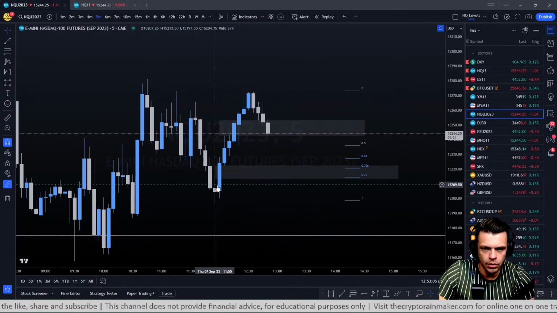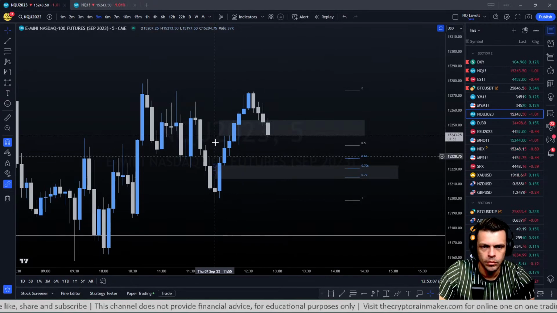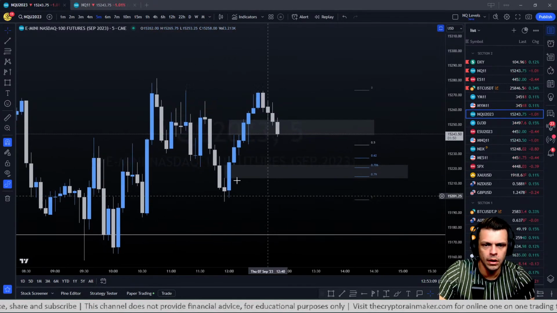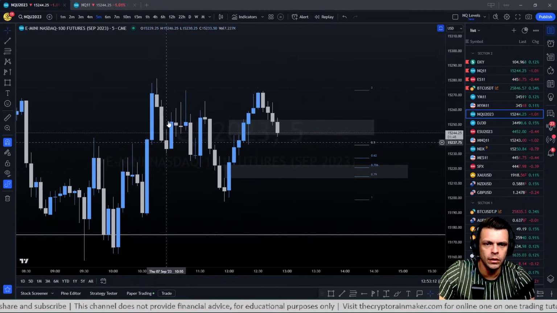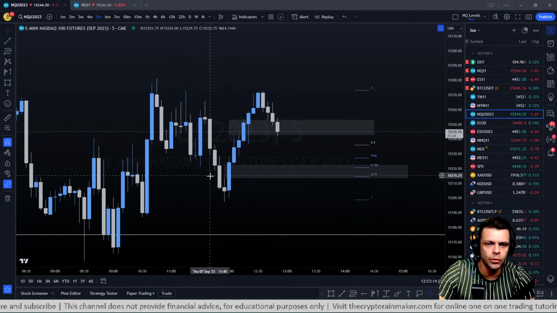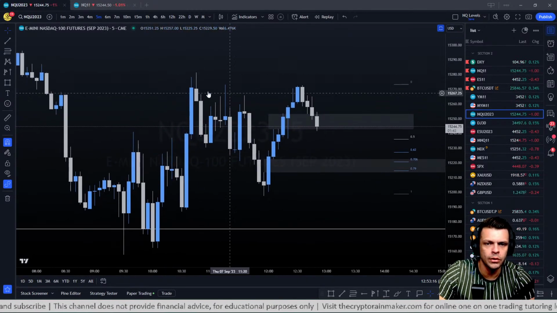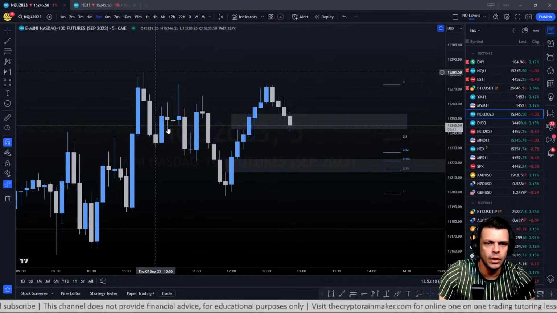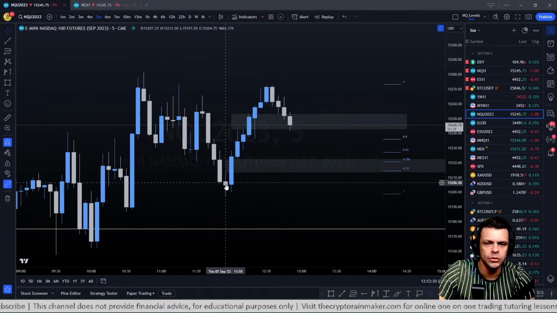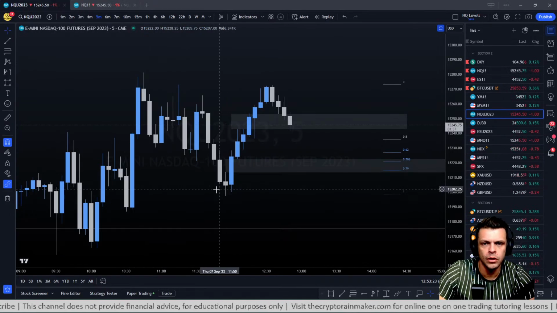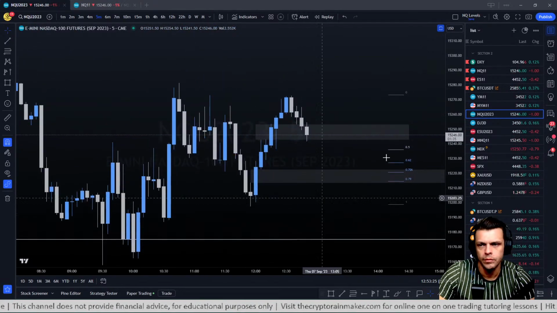Okay, so this started right at lunchtime. Normally at lunchtime they kind of rate the liquidity of whatever happened before lunchtime, so during the AM session. So right here we had bearish market structure, and then during lunchtime they ripped it to the upside.